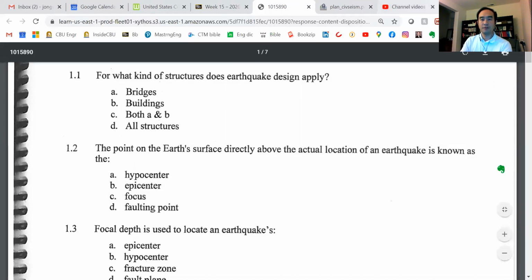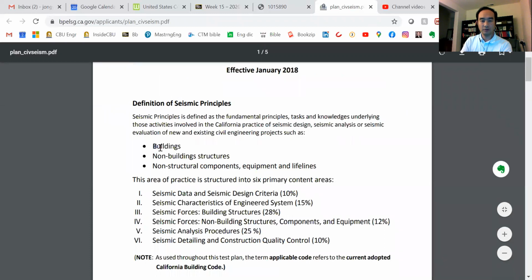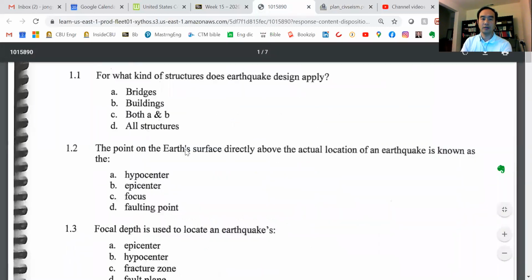In the previous lecture, I showed you that this applies not only to buildings, but also to non-building structures like bridges and water tanks, as well as non-structural components, equipment, and lifelines, right? So we have to think about all structural systems. We have to apply seismic design to all structures.